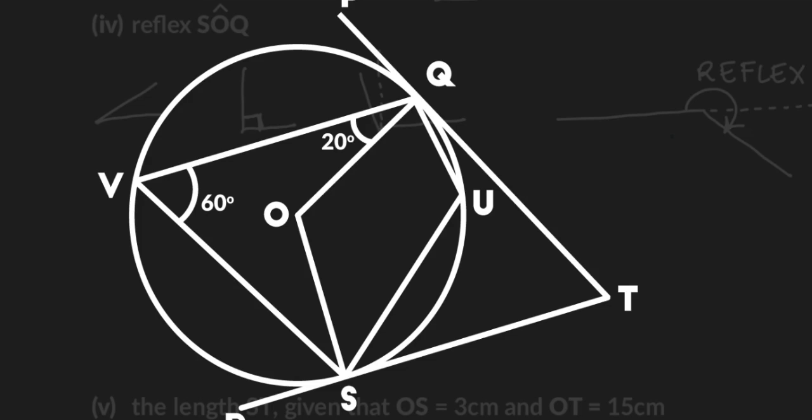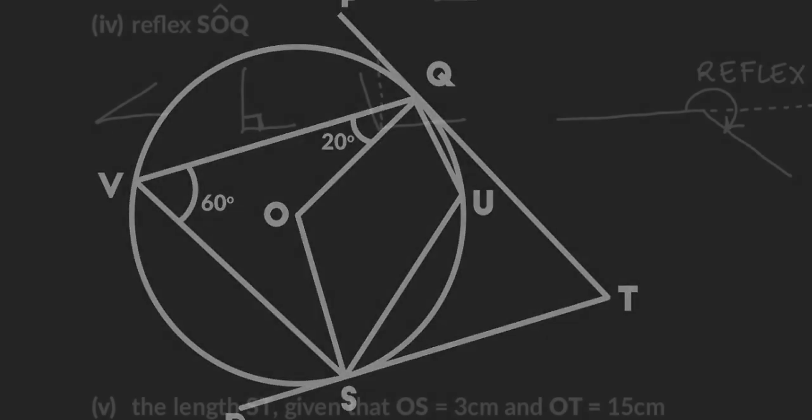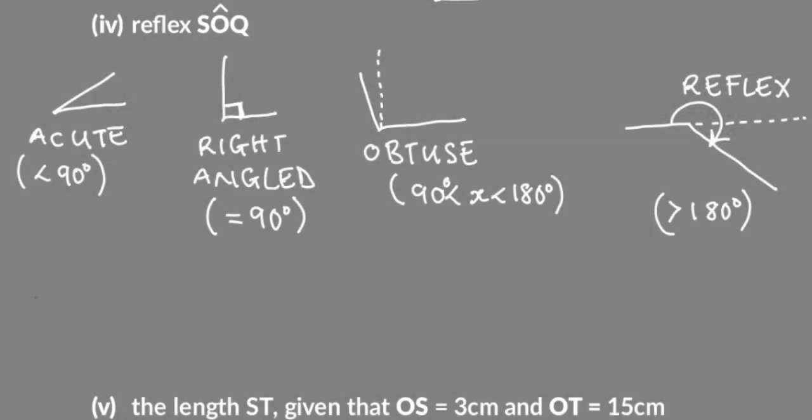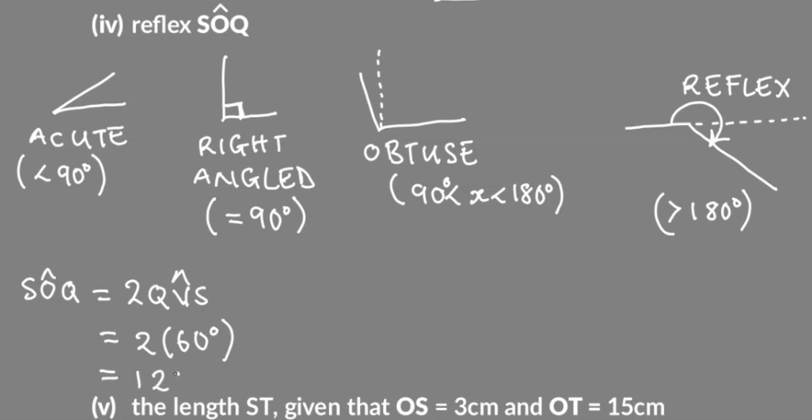Remember, we found the angle at point O just as we were finding the previous question. So this is not a difficult thing. You can actually answer this question by yourself right now. So we know that SOQ is equal to twice the angle QVS, which means SOQ is twice 60 degrees, and hence SOQ will be 120 degrees.